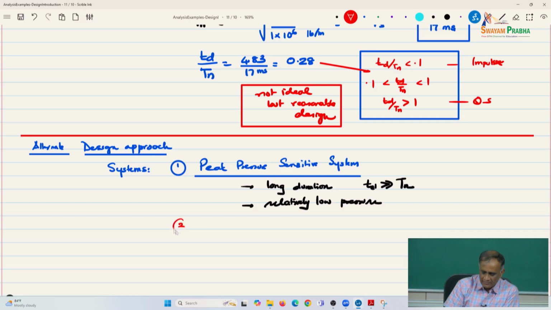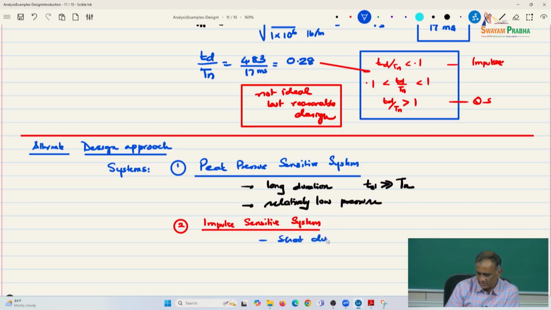The other extreme is an impulse sensitive system, the example that we just did above. So, this is characterized by short duration, where TD is less than Tn, and high pressure.